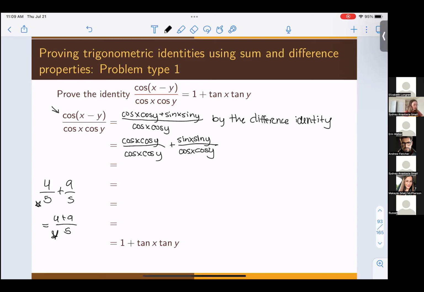Cosine x cosine y divided by cosine x cosine y, that is something divided by itself. That is equal to 1. Then sine x sine y over cosine x cosine y: sine x over cosine x is tangent of x, and then it's multiplied by something else. Sine y over cosine y, that's the tangent of y.